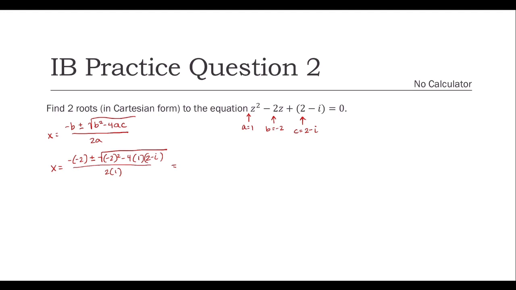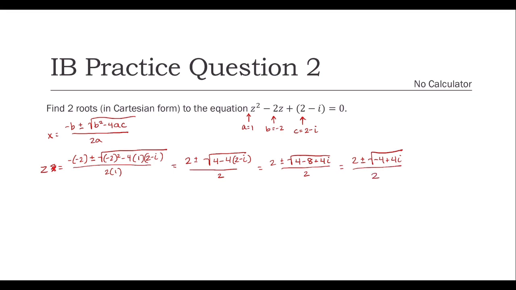And in this case, we're not actually solving for x, we're solving for z. So negative negative 2 becomes positive 2 plus or minus the square root of negative 2 squared, which is 4, minus 4 times 2 minus i, over 2. That equals 2 plus or minus the square root of 4 minus 8 plus 4i over 2, which is 2 plus or minus the square root of negative 4 plus 4i over 2.